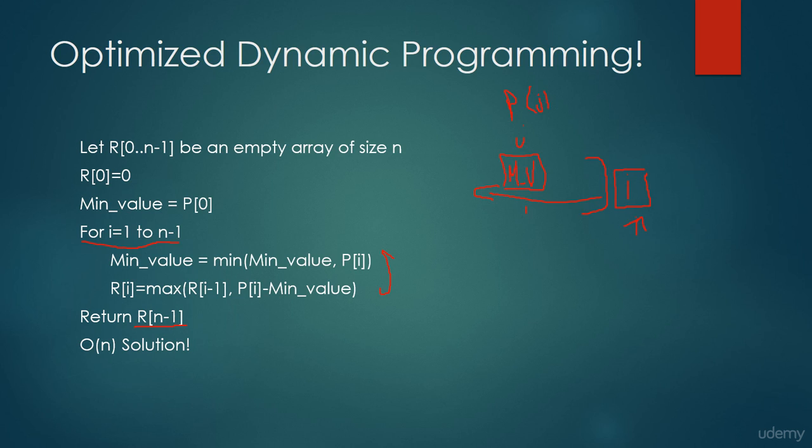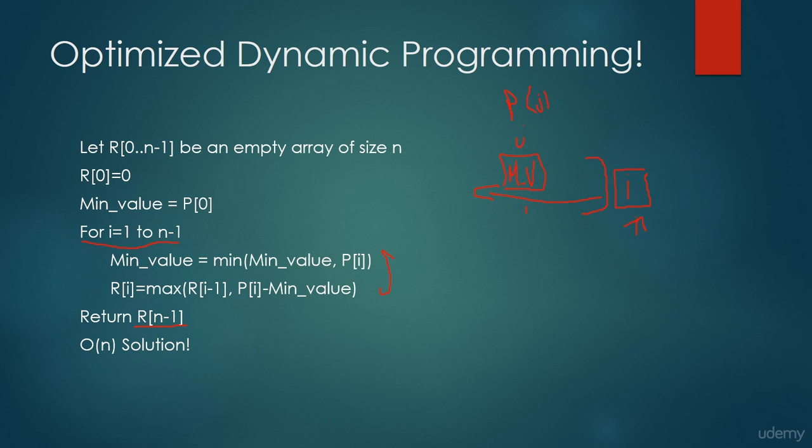So let's recap really quickly. We've looked at the recursive solution, which was an O(n) squared solution. We tried changing it into a dynamic programming solution, and it was an O(n) squared solution.